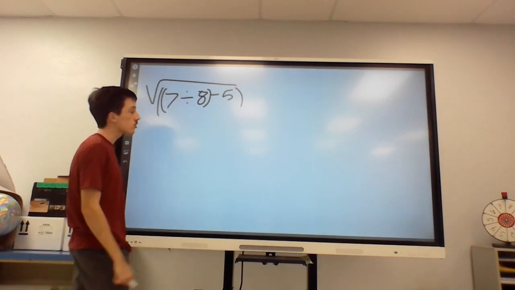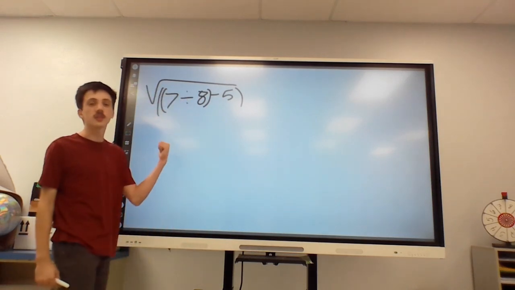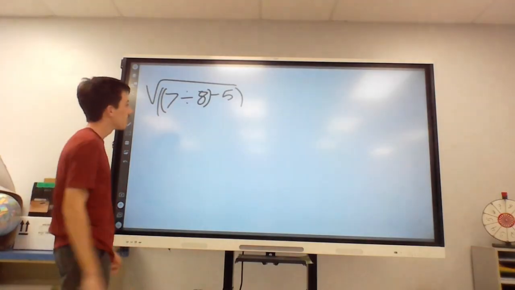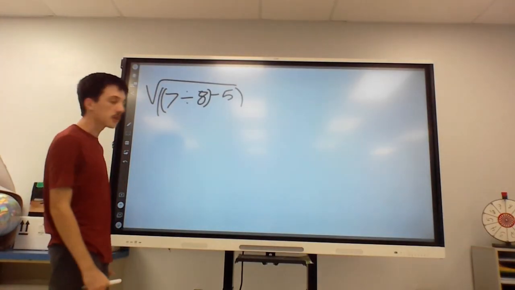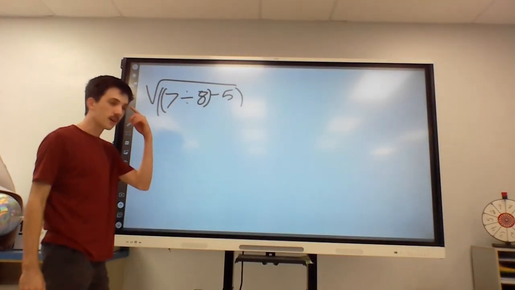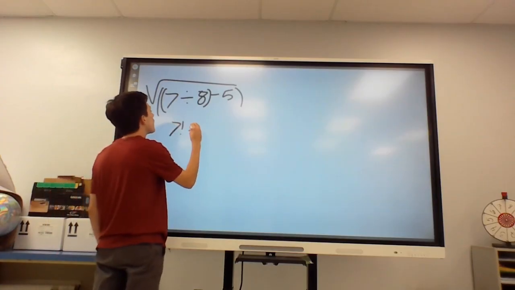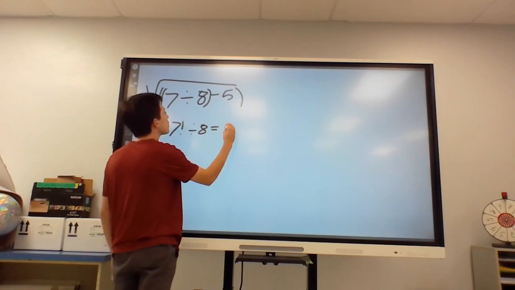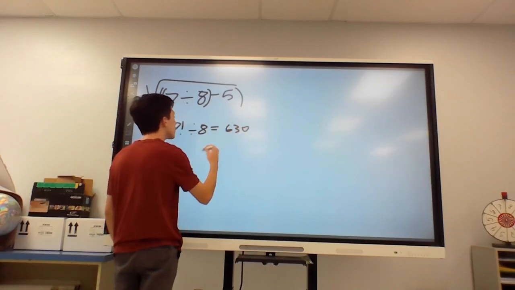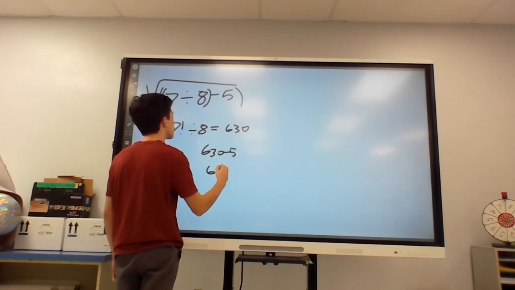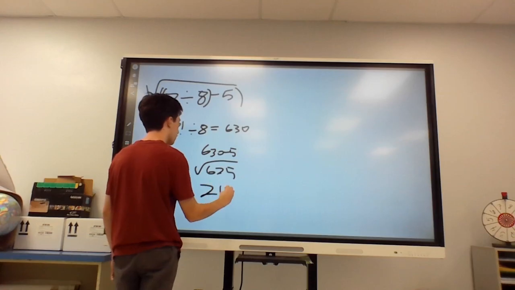Basically, this is a trick one because 7 is 1 less than 8, so it doesn't work if you factorial them both. It only works if you know elite niche. 7 factorial divided by 8 is equal to 630. 630 minus 5 is 625, and then the square root of that is just 25.